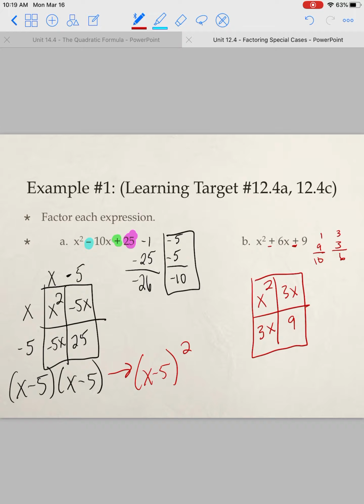The greatest common factor of x squared and 3x is going to be x. Greatest common factor of 3 and 9 is 3. It's positive. I think you guys are probably to the point now where you can do that pretty well. If I were to write that out, it would be x plus 3, x plus 3, which is the same thing as x plus 3 squared.